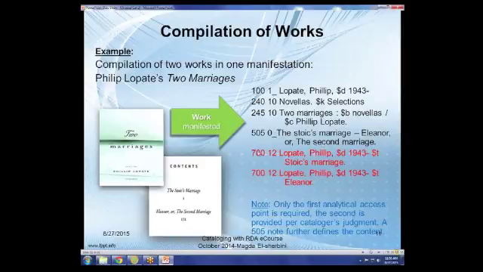And then we also have down here an additional access point, 700 Lopate, Philip. So we have the author access point as it appears in 100, and then we have the title of the work.